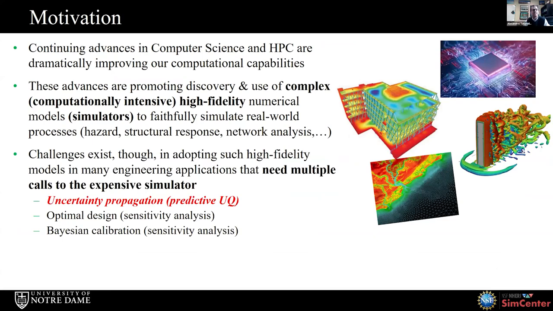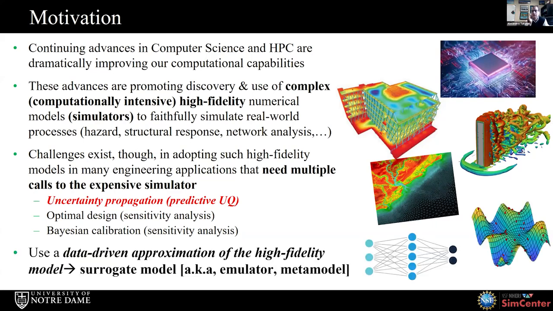Still, challenges exist, despite all these computational advances, for adopting such models in many engineering applications that need multiple calls to the expensive numerical model. Uncertainty propagation, which we're going to discuss today, is one of them, but you have similar challenges with optimal design, model calibration, and so forth. Simply put, for one simulation you have the computational budget, but if you need hundreds or thousands, you don't have it anymore. So that creates challenges.